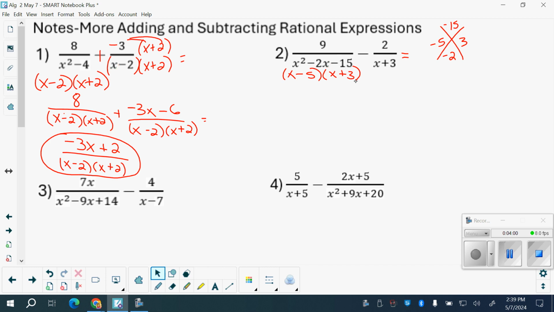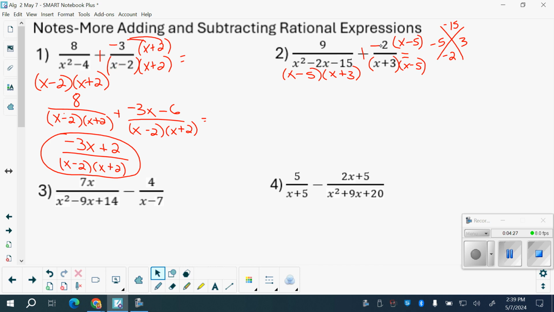So what is in this denominator here that's not in this one? Yep, x minus 5. So again, this is a minus, so I want to make this plus a negative 2. Very common mistake is students forget to distribute that negative. So that's the way I show it, is just change it to plus a negative.